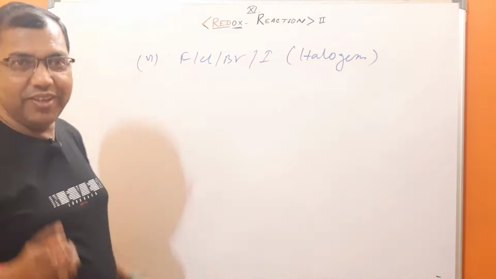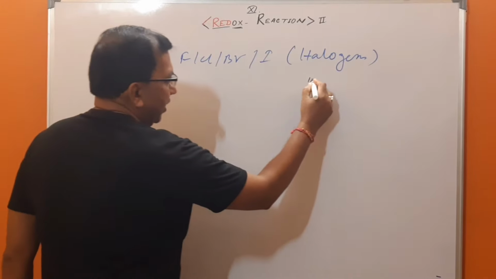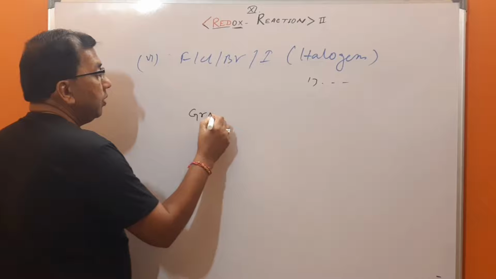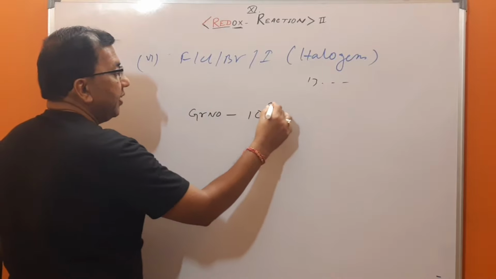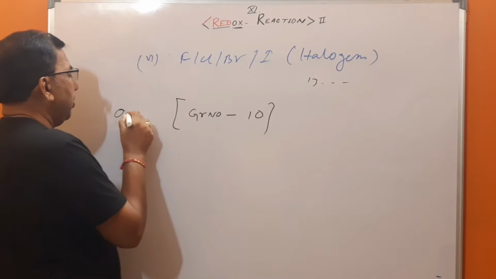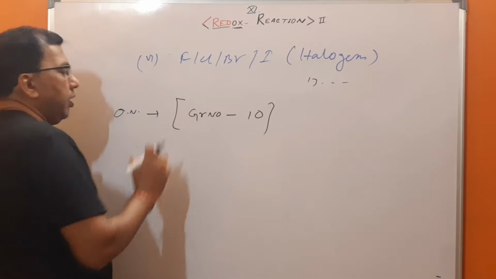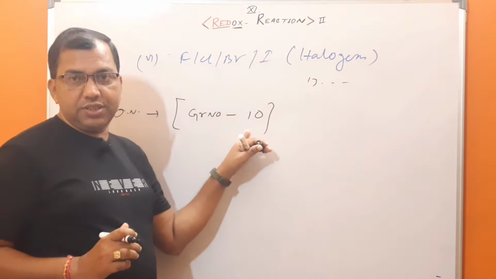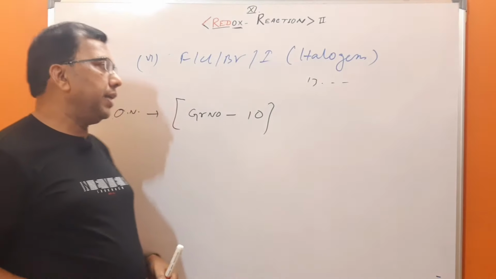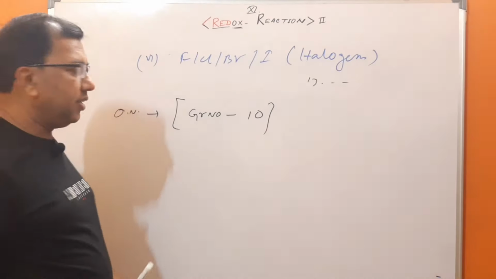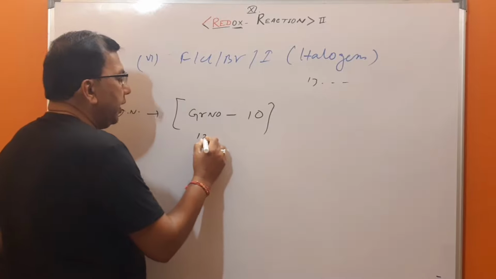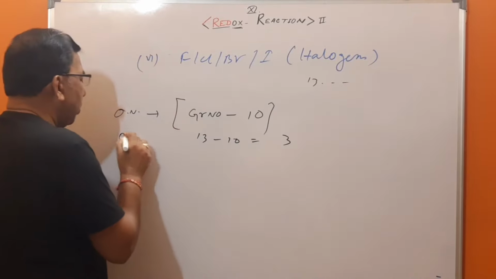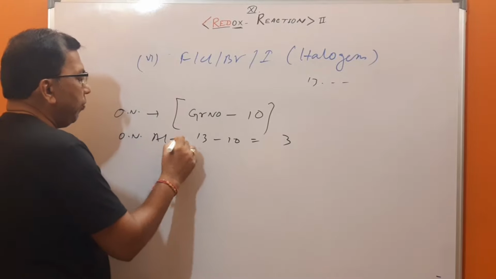From group 13 onward, it is the group number minus 10. This is the highest oxidation number. As for example, aluminium is group number 13. That means 13 minus 10 equals 3. That is the highest oxidation number of aluminium, 3.